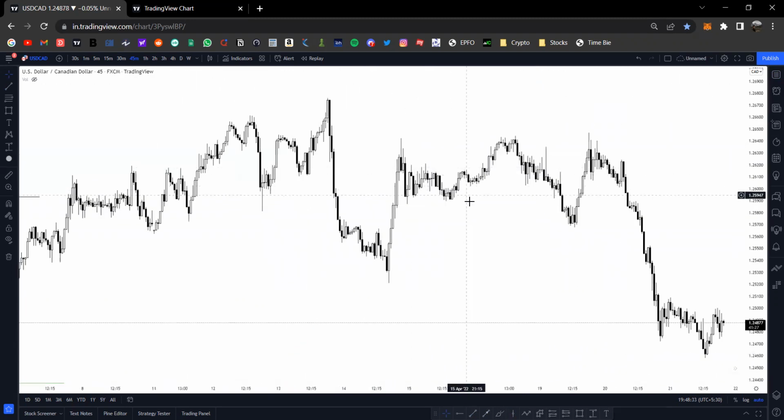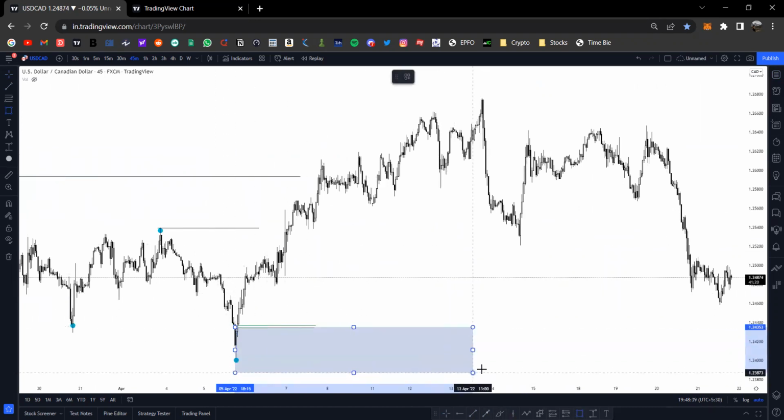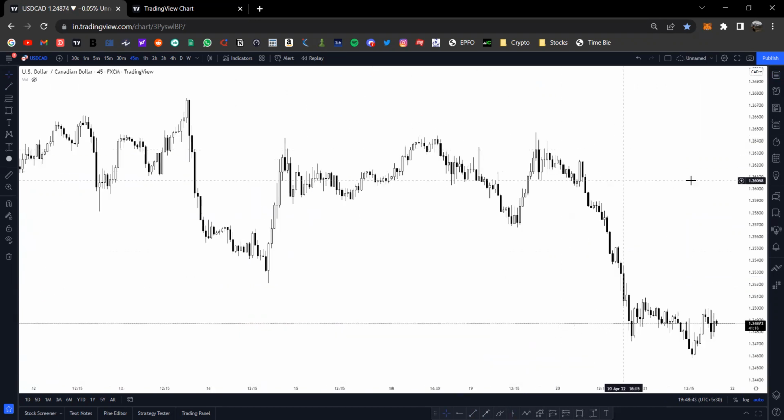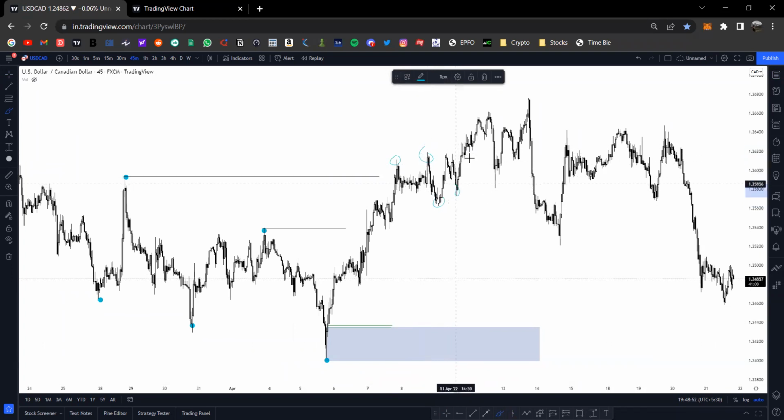So this can be my point of interest for buys. And you see this is the last high: higher highs, higher lows, higher highs, higher lows, higher highs, higher lows, and this is the last higher high.